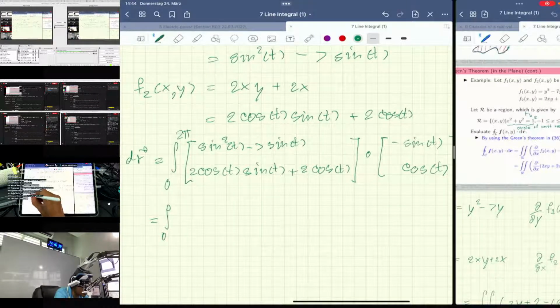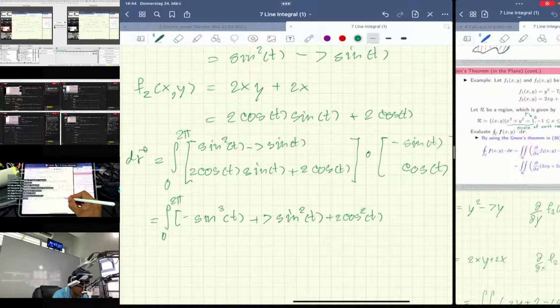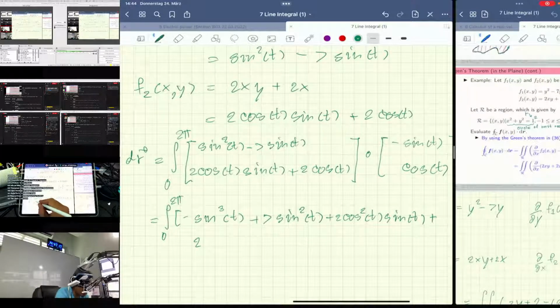Okay, and of course, you see that the integration from 0 to 2 pi starts from negative sine cubed t plus 7 sine squared t, and this term is 2 cosine squared t sine t, plus 2 cosine squared t, closing the bracket.